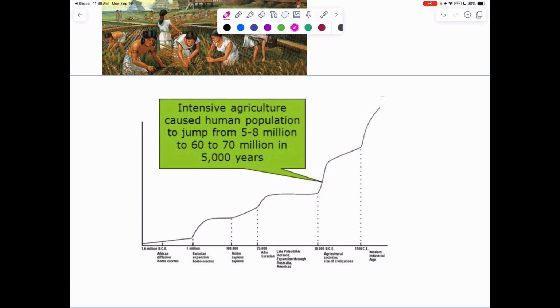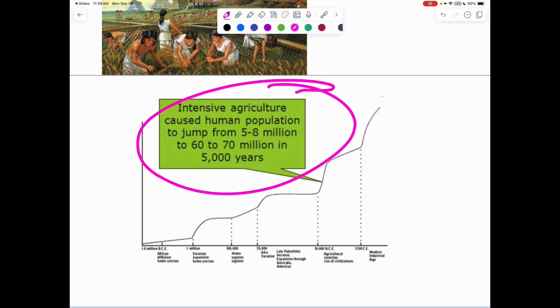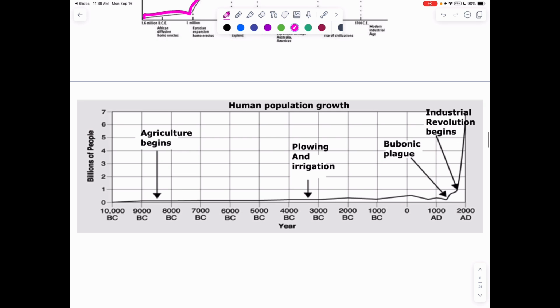This intensive agriculture has caused our population to go from 5 to 8 million to 60 to 70 million in just 5,000 years. So you can see these increases as we increase and increase, growing so much.